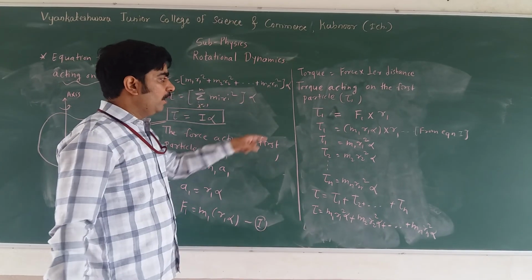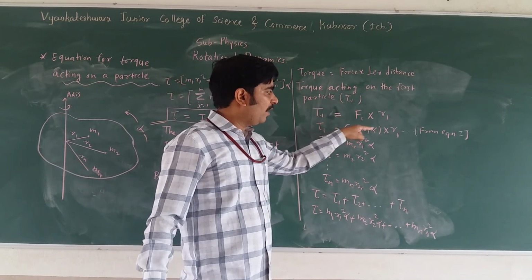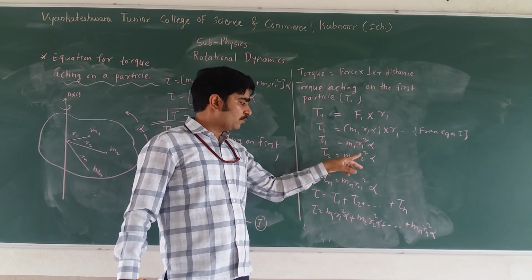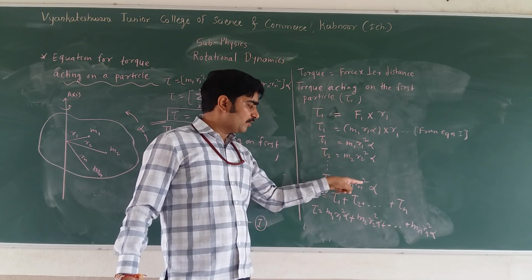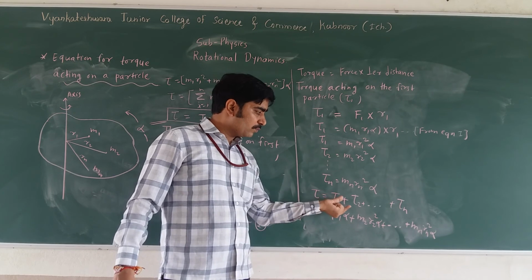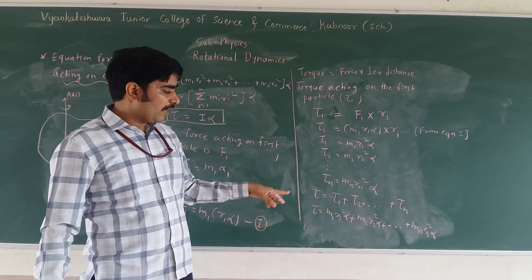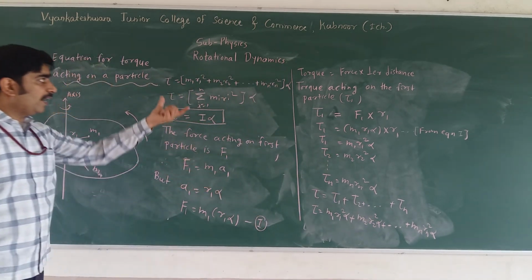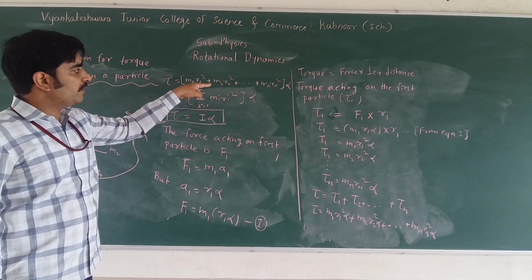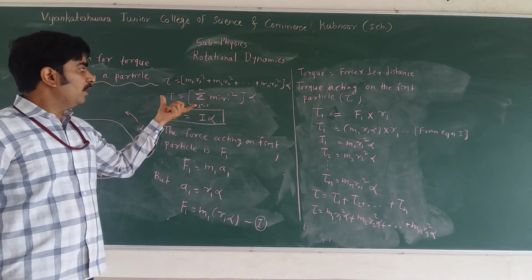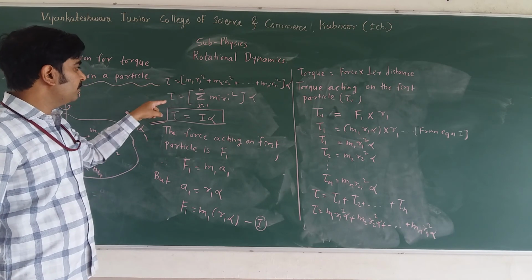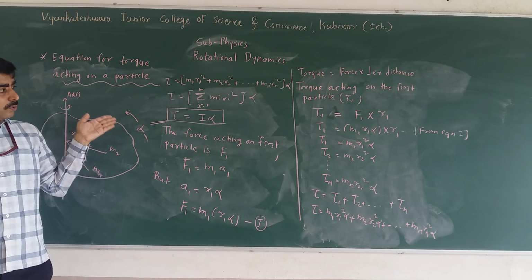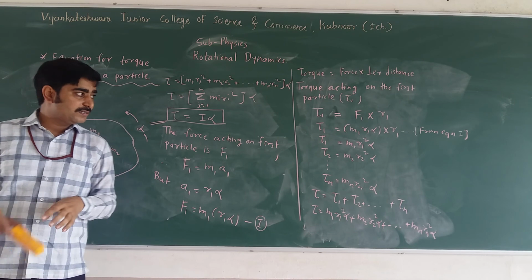From equation 1, tau 1 is equals to M1 R1 alpha into R1, so M1 R1 square alpha. Similarly, tau 2 is equals to M2 R2 square alpha, up to tau n, Mn Rn square alpha. So torque is equals to torque 1 plus torque 2 up to torque n. So M1 R1 square alpha plus M2 R2 square alpha up to Mn Rn square alpha. Now take alpha as common. So (M1 R1 square plus M2 R2 square up to Mn Rn square) into alpha. This bracket is nothing but the summation for i is equals to 1 to n, the value of the moment of inertia. Therefore torque is equals to I alpha. This is the final equation.